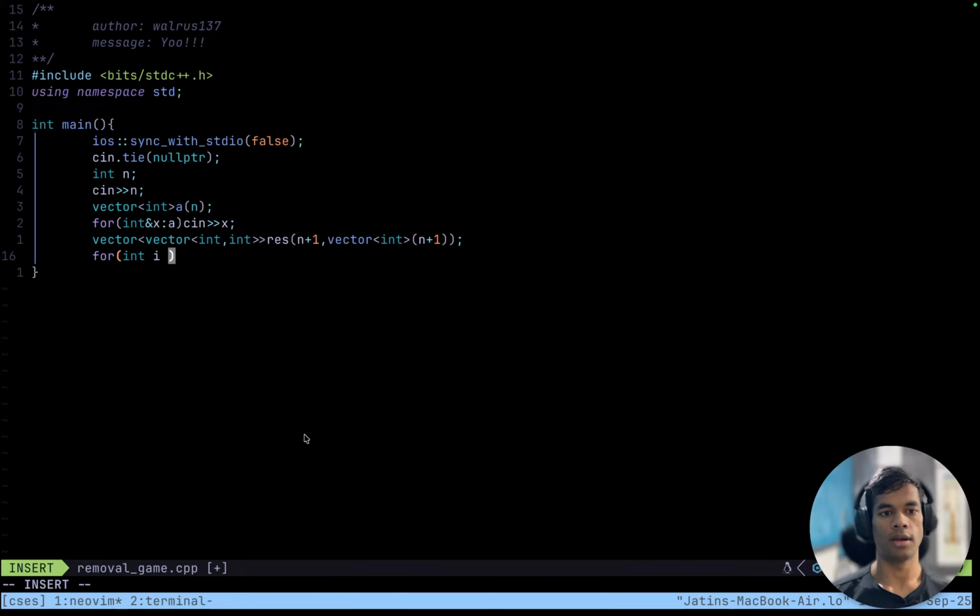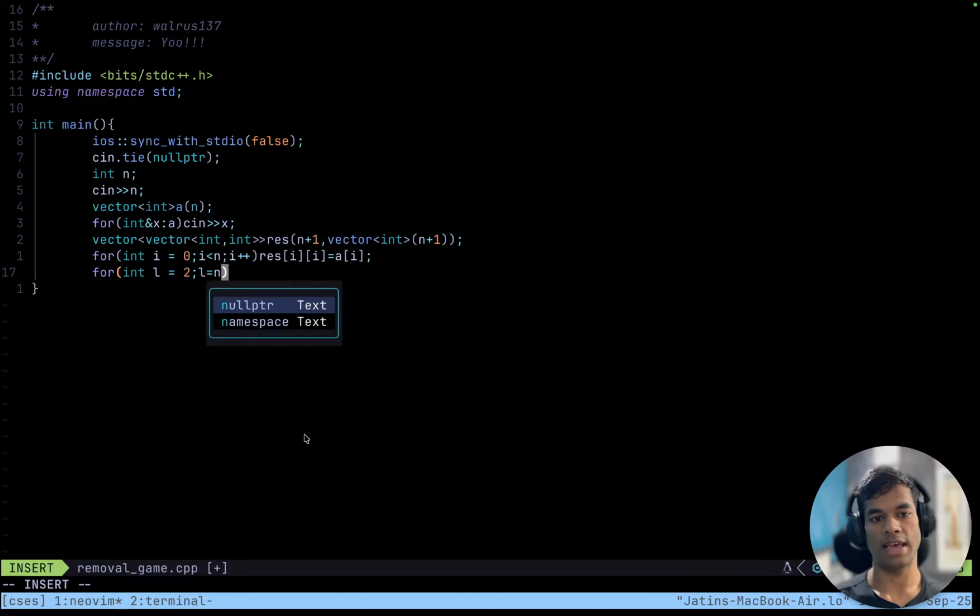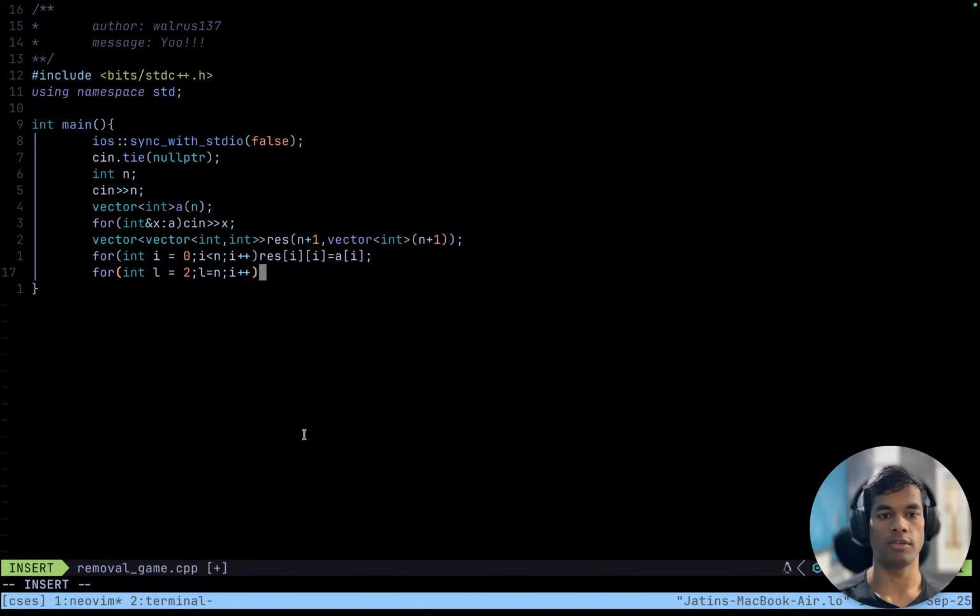So for int i equals 0, i less than n, i plus plus, res[i][i] equals a[i], and now for int L equals 2 up to L equals n, when the length is equal to n, and i plus plus.